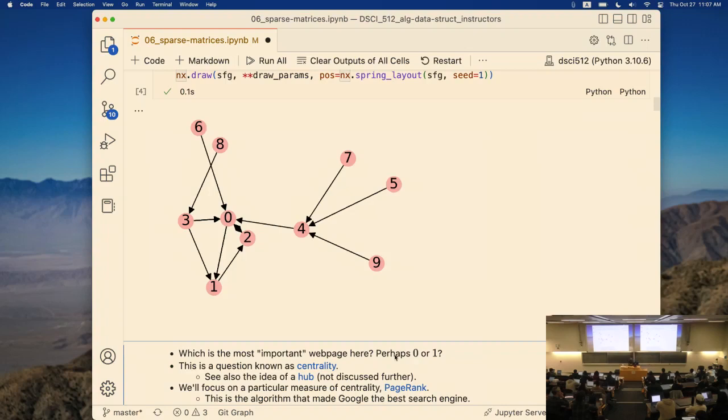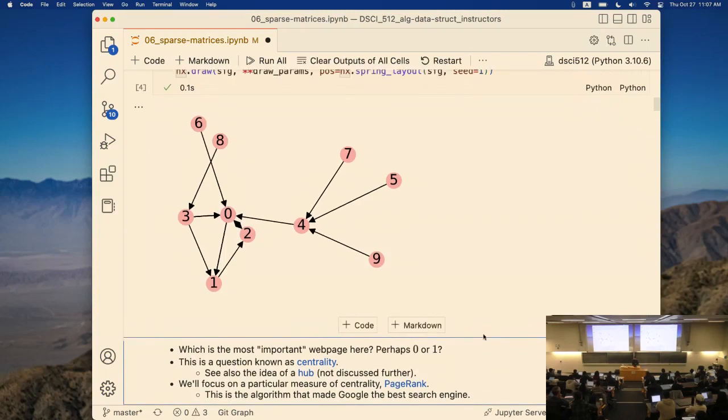So here we just looked at the degree centrality, the number of edges connected to each node, which is not that helpful all the time, especially in social networks. Then here we're going to look at an algorithm called PageRank, which is the algorithm that actually made Google very famous, because this is basically the idea behind their search algorithm.